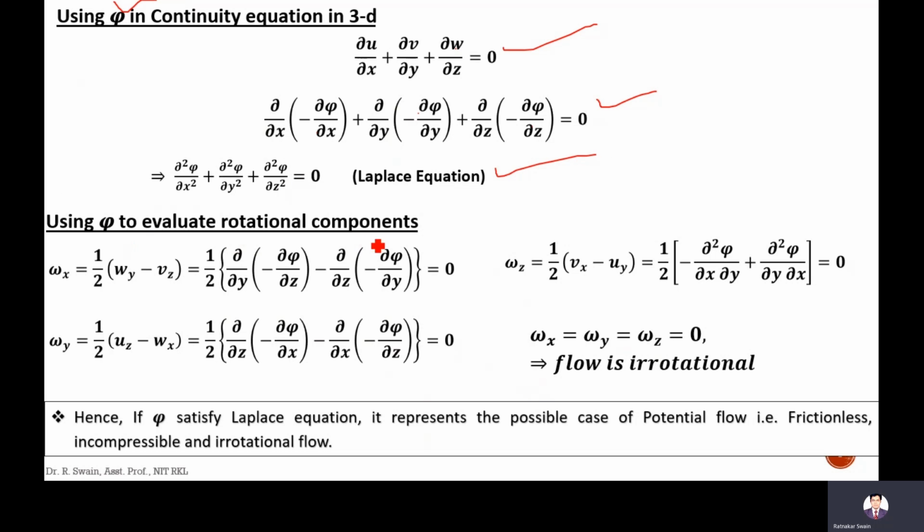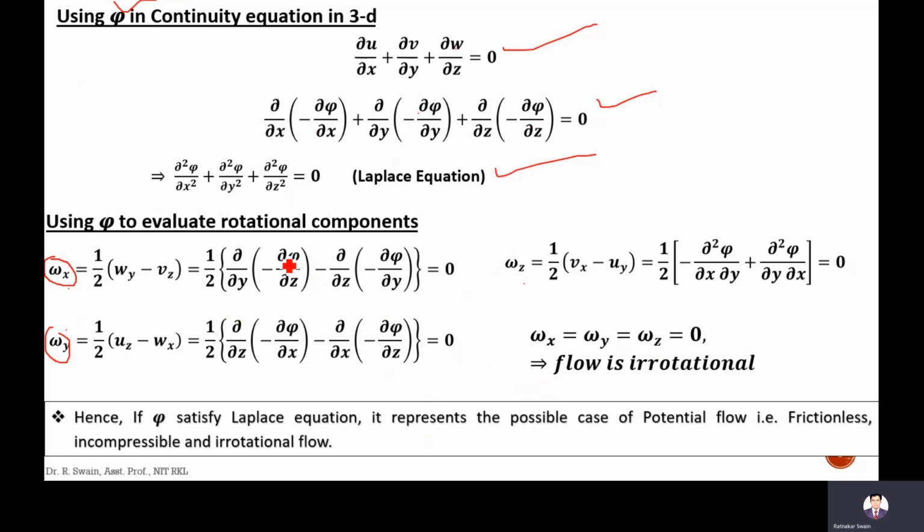Use this phi to estimate the rotational components omega x, omega y, omega z. Omega x is half of del w by del y minus del v by del z. Omega y is half of del u by del z minus del w by del x.